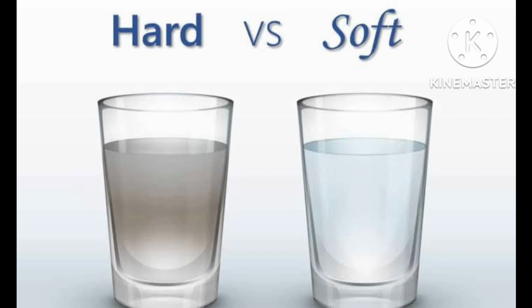Now, what about the base? The other H2O is considered base 2. It has given one H, and after giving it, what will remain? OH minus will remain. Base 2 became base 1.